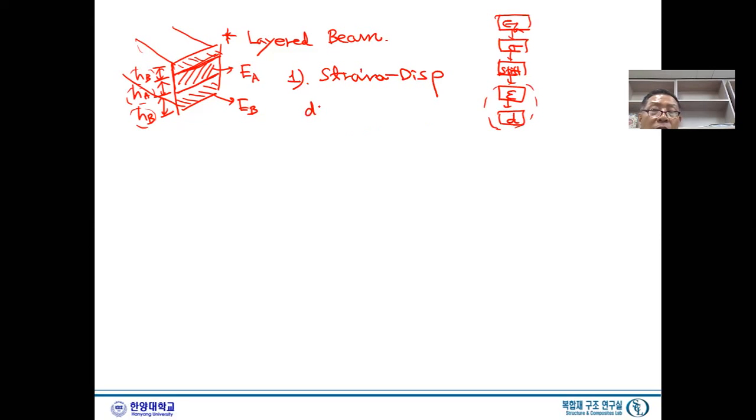That was simply d theta dx related to the moment, theta was 1 over r, and epsilon x was minus y over r, right? And put it here, minus y d theta dx.